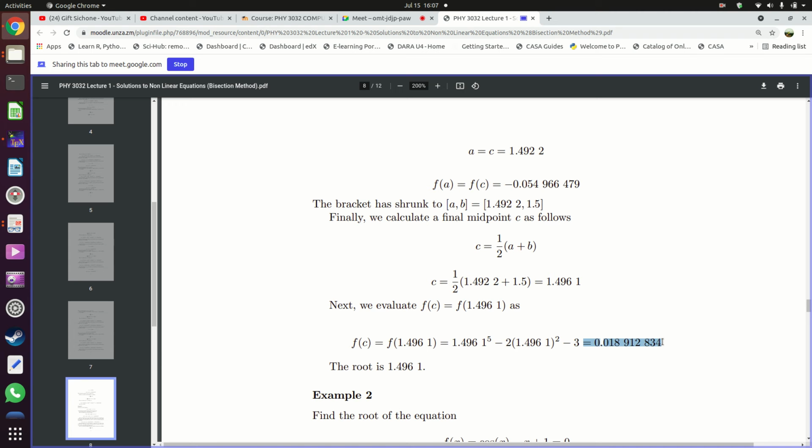Now, the other thing I want to point out, as you can see, we have spent the whole lecture doing this same method. So during the test or during an exam, I'll tell you to work out only maybe 3 midpoints or 4 midpoints. Because right now, what we have is about 8 midpoints.